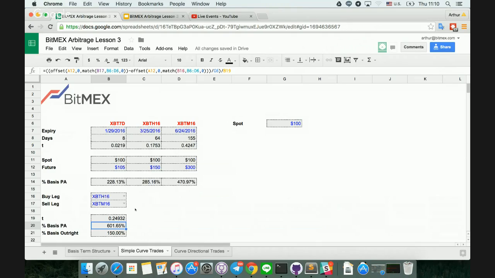Now, what we want to look at is on an outright basis. So assume that we are selling the M16 and buying the H16. We have positive carry because we are selling something that is more expensive, receiving interest rates, and we're paying interest rates by buying the near dated or the H16.